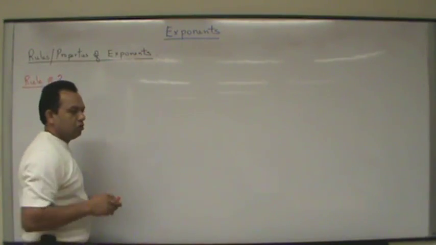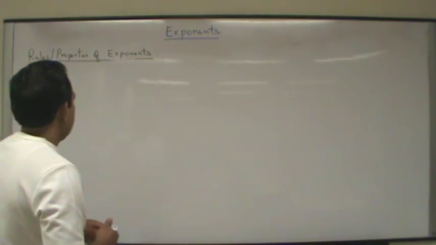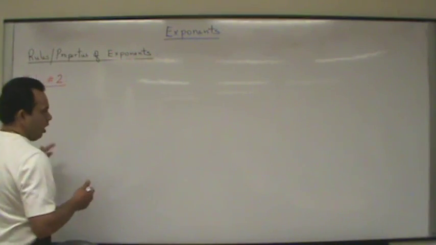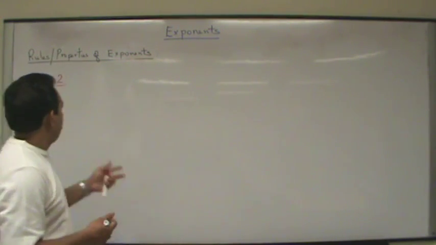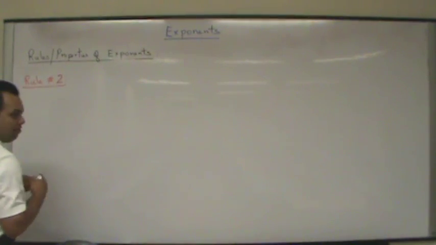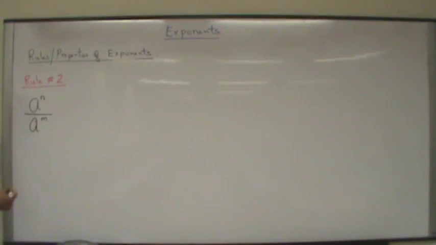Okay, we'll move on to rule number 2, or property number 2 for exponents. We've seen in property number 1, when multiplying and the bases are the same, we add the exponents. Rule number 2, I will look at division. What happens if we have a to the n divided by a to the mth power?